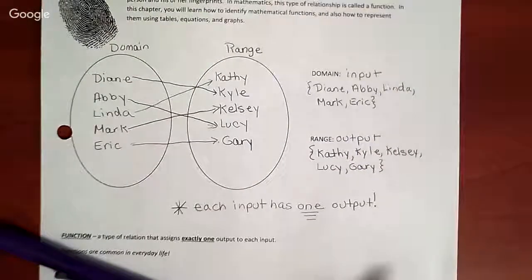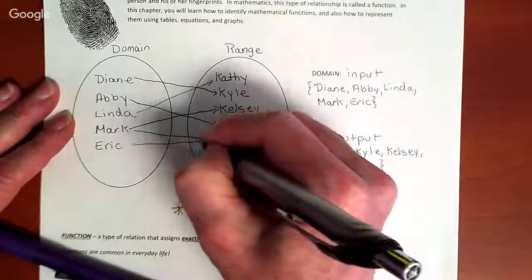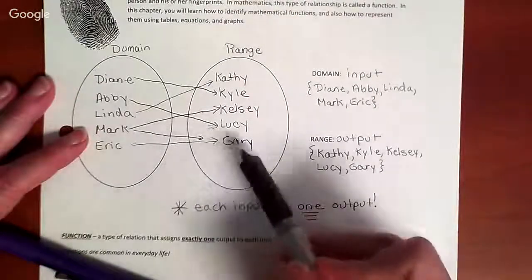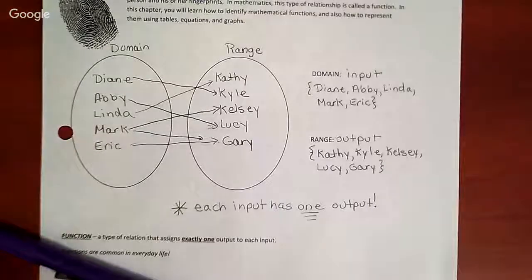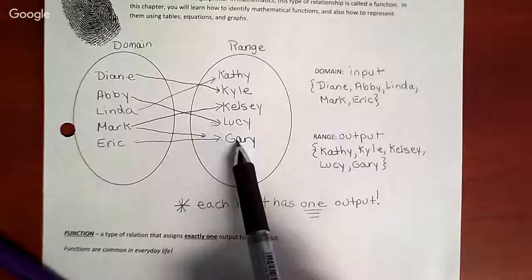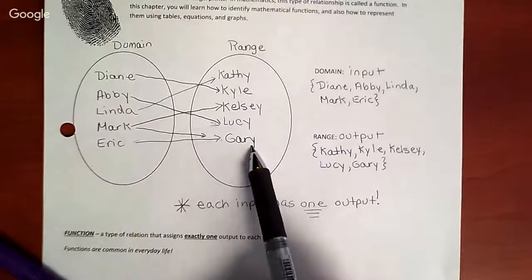What I meant to say is Mark could also go to Gary. I could have two people go to the same person, because they are one person to one person.